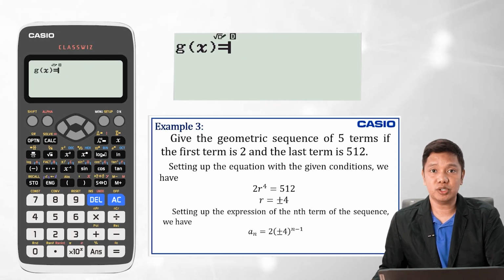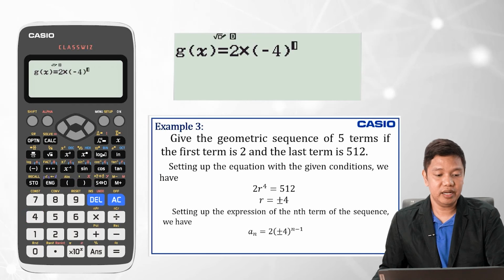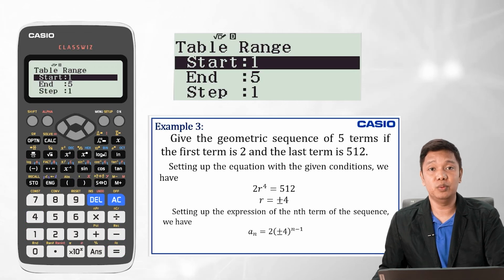For the second function, let us use the negative value for the common ratio. So we have 2 times open parenthesis negative 4 close parenthesis raised to x minus 1. Press equals. Since we need to get the first 5 terms of the sequence, we will start with 1, end with 5, and with an increment of 1.